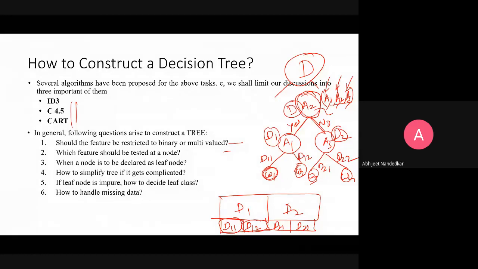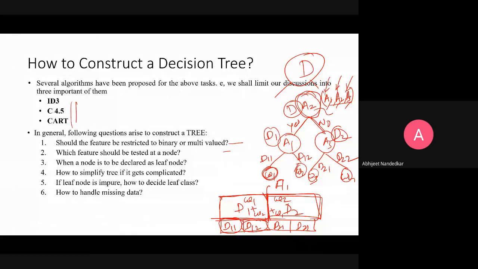Suppose with some feature, say A1, I divide this into two halves. Say there are some omega 1 samples here in majority, but there are a few samples of omega 2 here, and maybe a few samples of omega 1 there. So this division is not pure. Okay, so we further use some other feature to make the division purer and purer.